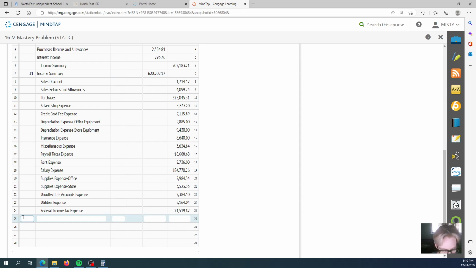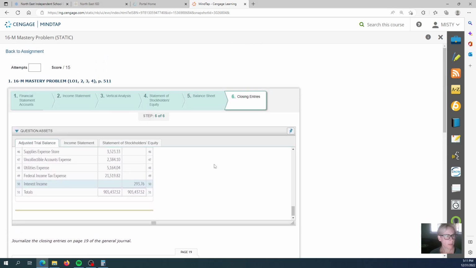All right. Next entry, we have two more, okay? 31st. We have an income summary. Okay, this is going to be our income summary debit, and our credit is going to be retained earnings. Because we need to close out retained earnings for the period. So let's take a look up here.